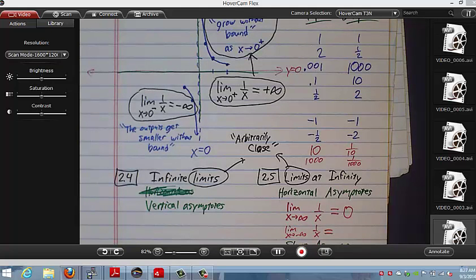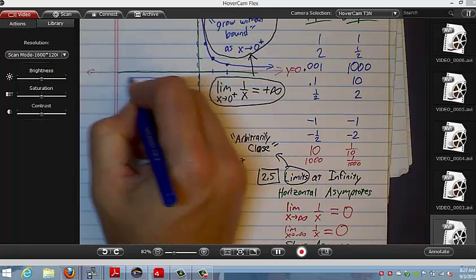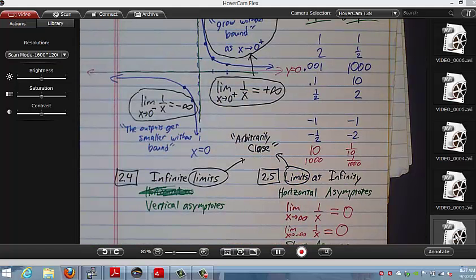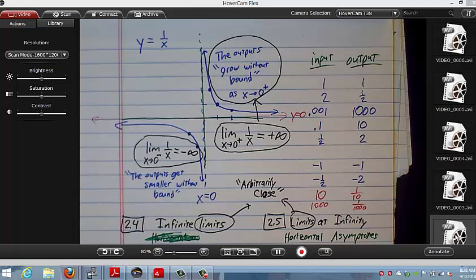Well, like if you put in negative 100, where are you at? You're getting close to 0 also. So this is also going to be 0. And so I guess if I were to complete the graph of 1 over x, well, that's what it looks like. Let me go back to the picture. It has a vertical asymptote and it has a horizontal asymptote. The end behavior is that it equals 0. Okay?